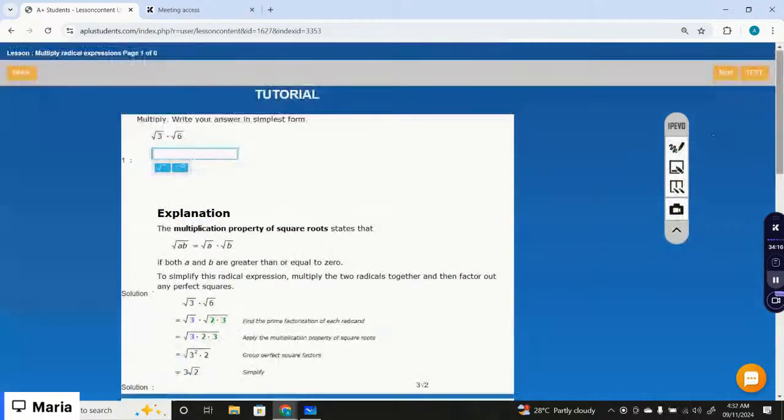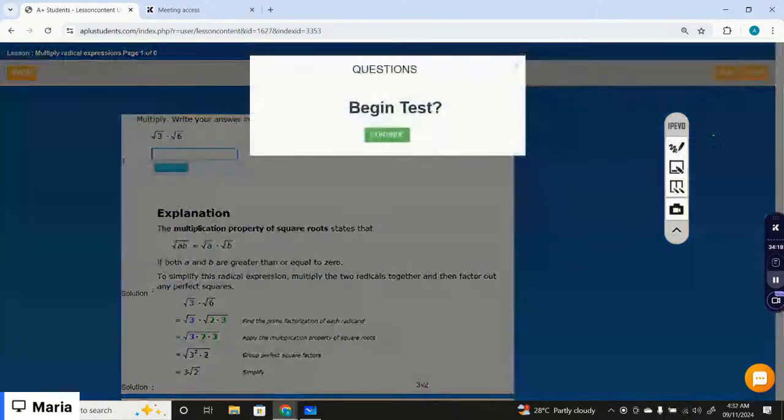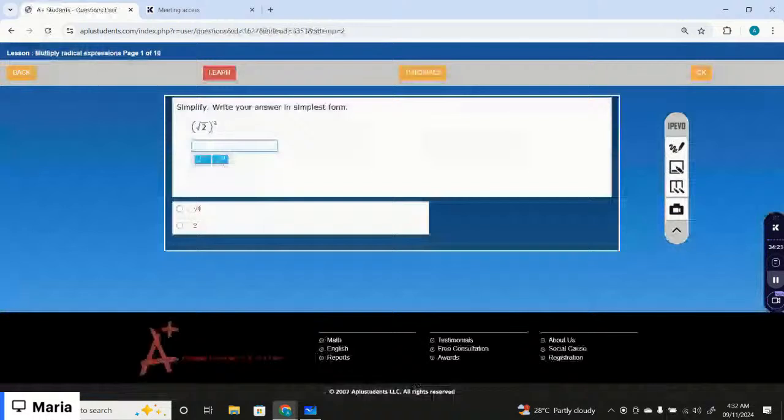Let's just start with the test questions. Square root 2 square. So square and square root are opposite to each other. They cancel out each other.